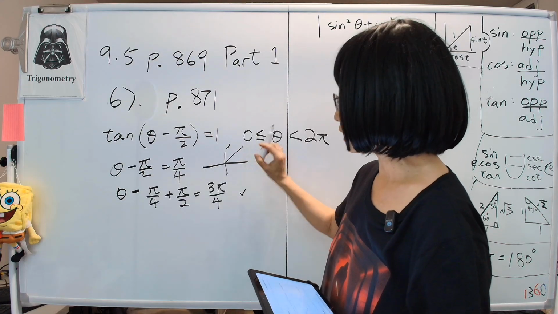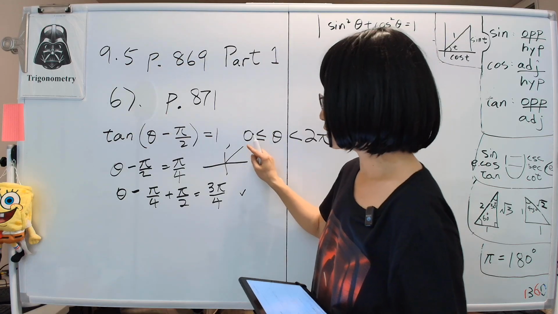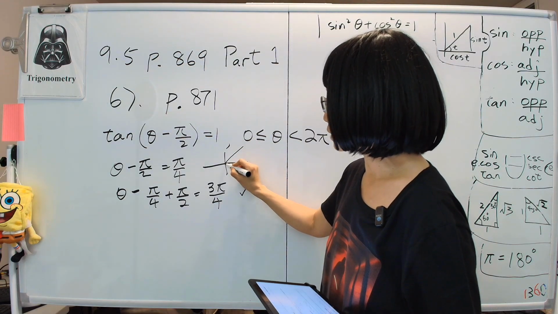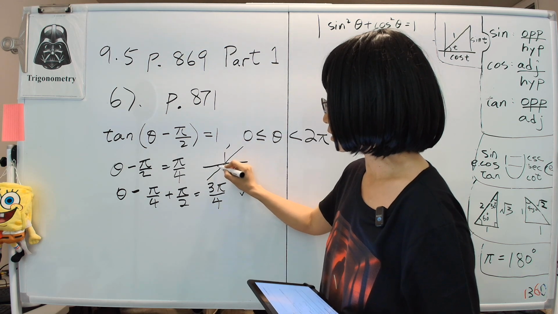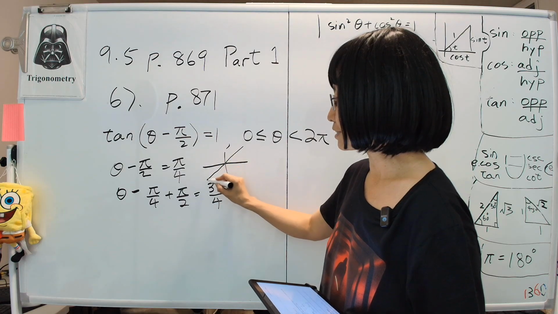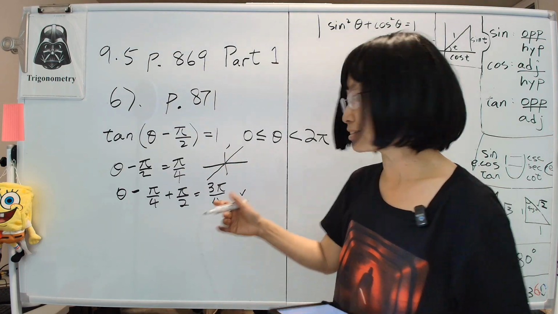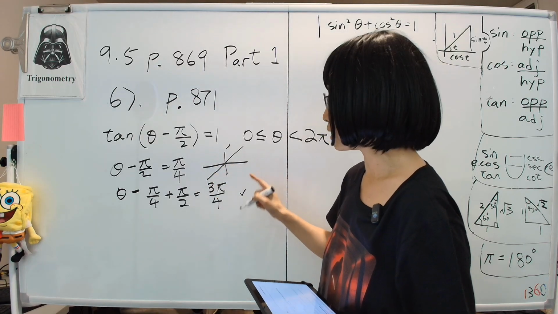Then y is positive, x is positive, so the tangent is positive, because tangent is equal to y over x. However, there's another way that tangent can also be positive, and that is this angle right here, where y is negative and x is also negative, so they cancel each other out. So the tangent in this third quadrant is also positive.